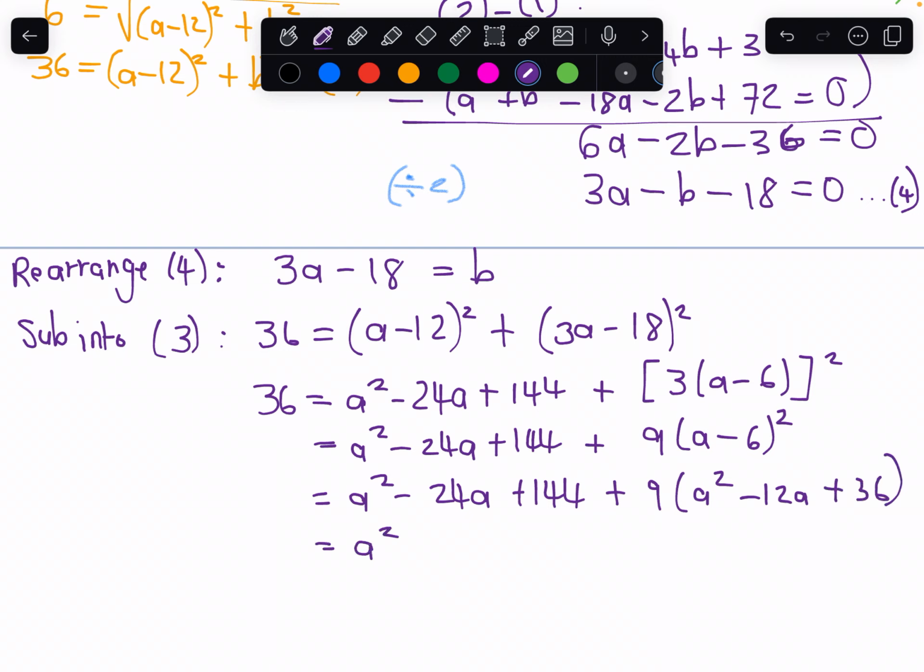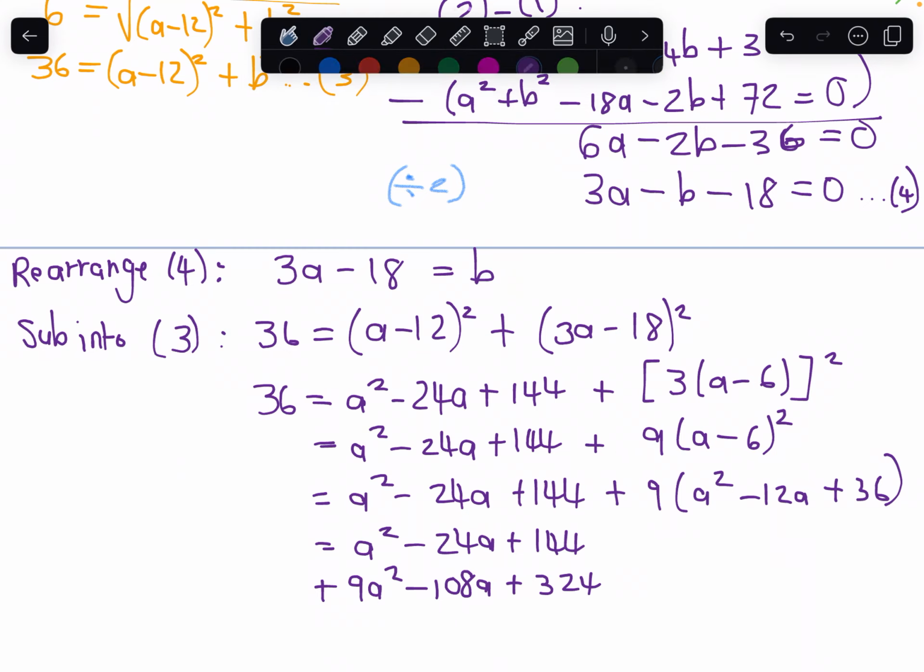So a squared minus 24a plus 144. And I'm just going to write this here for ease, plus 9a squared minus 108a plus 36 times 9. So that's 360 minus 36, which is 324.